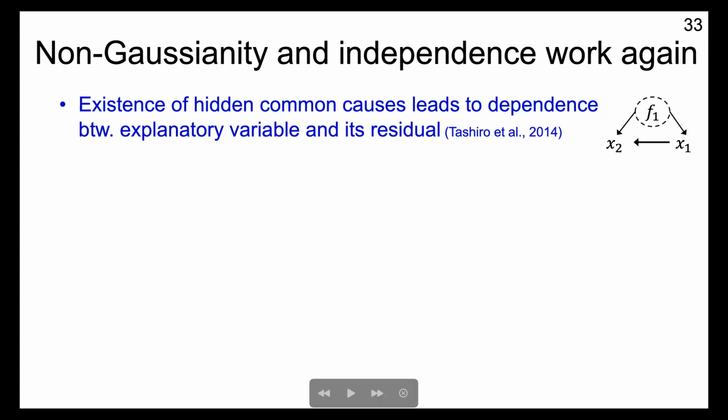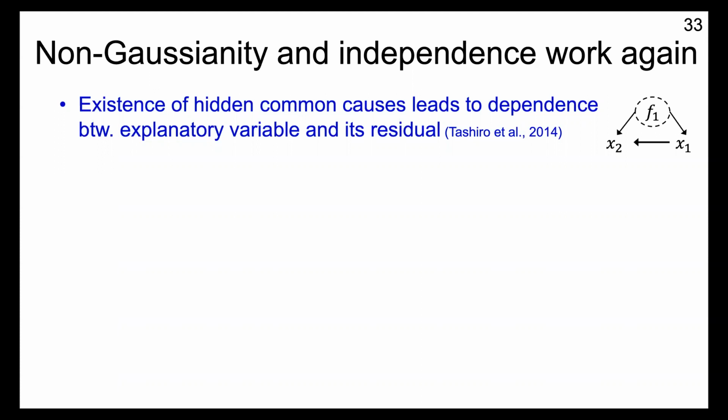So again, to find such confounded and unconfounded pairs, non-Gaussianity and independence help find them. As I mentioned earlier, if the direction of causation is wrong, not correct, the explanatory variable and its residual are not independent.